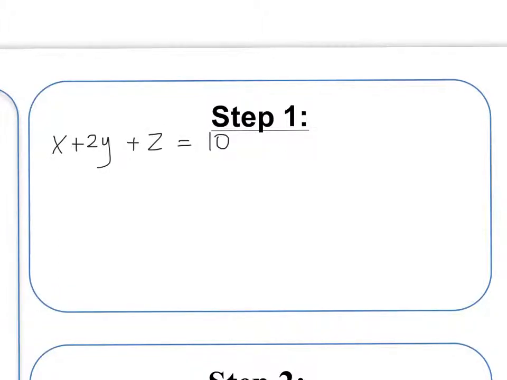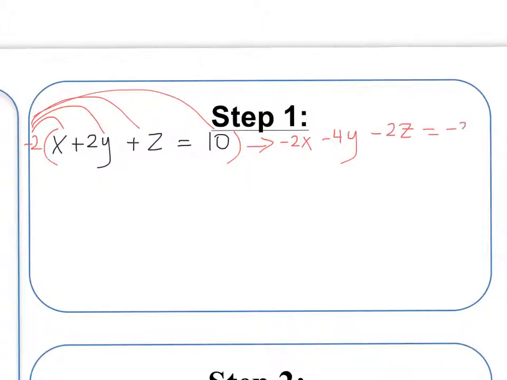And let me multiply this by a negative 2. So remember, you have to multiply every part of this equation by negative 2. So it will be negative 2x, negative 4y, negative 2z equals negative 20. And now let's copy the second equation, which is 2x minus y plus 3z equals negative 5.